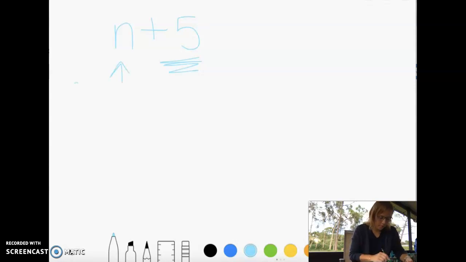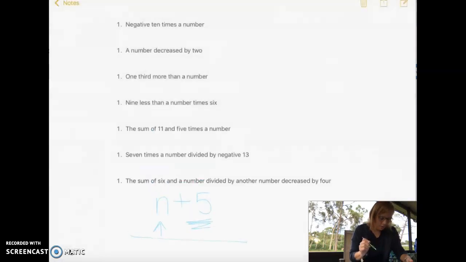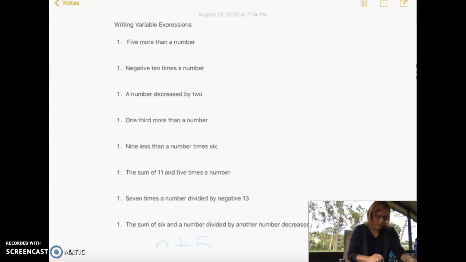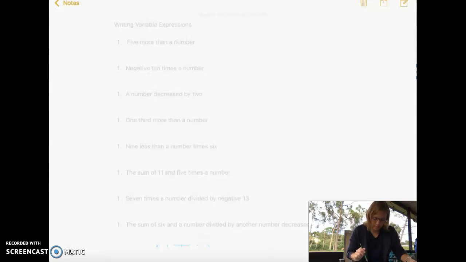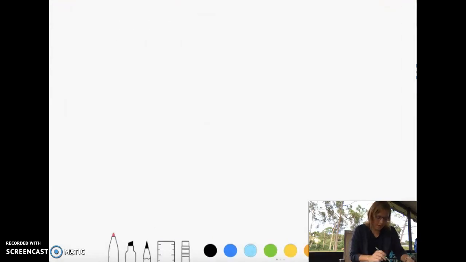All right, let's do another one. The next one says -10 times a number. Now, when it says times a number, you can do that several different ways. You can write the dot, which means multiply.